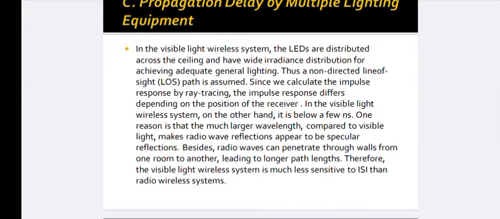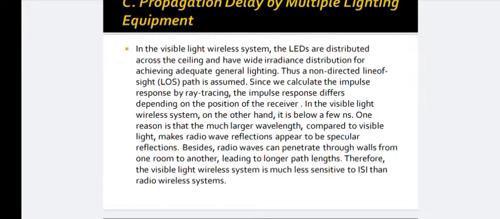In this visible light wireless system, the LEDs are distributed across the ceiling and have wide distributions for achieving general lighting. Since we calculate the impulse response by ray tracing, the impulse response differs depending on the position of the receiver in the visible light wireless system.